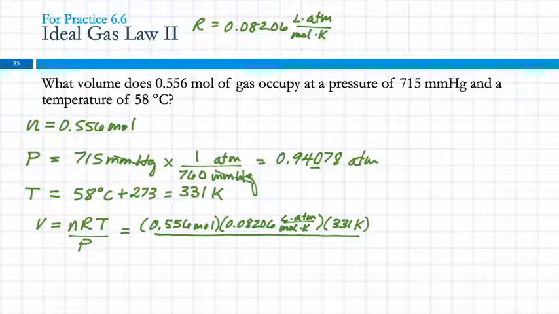All of that divided by the pressure, 0.94078 atmospheres. I check my units: moles cancel, atmospheres cancel, kelvins cancel.